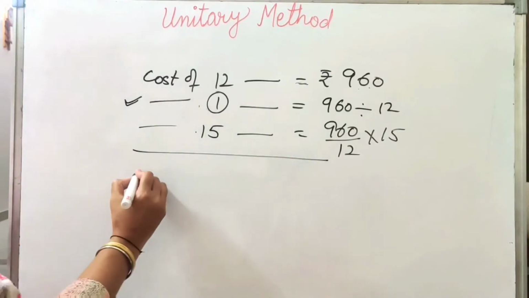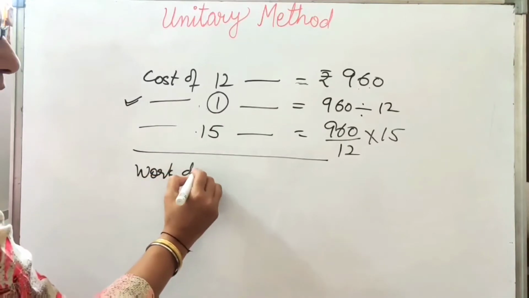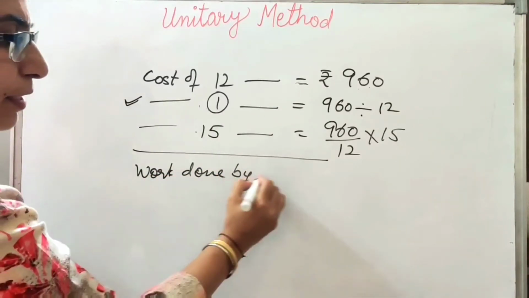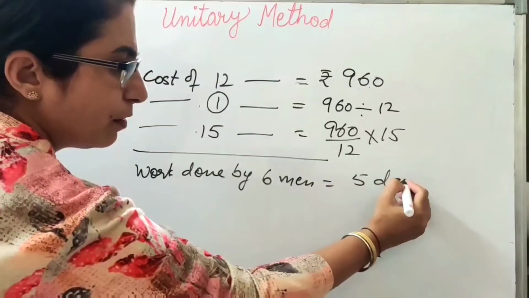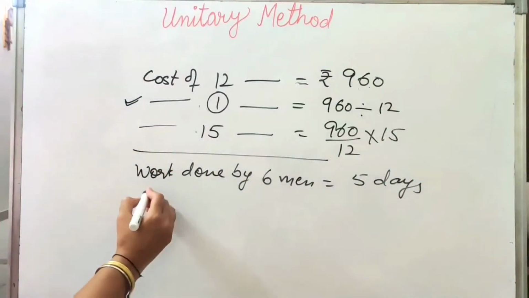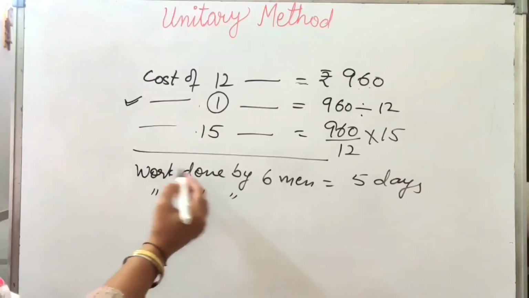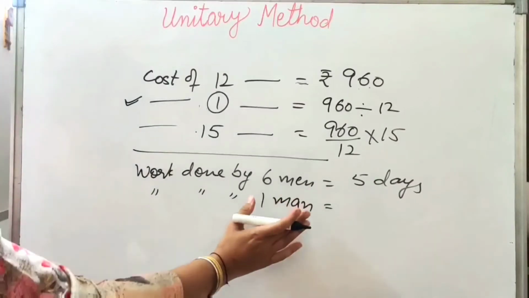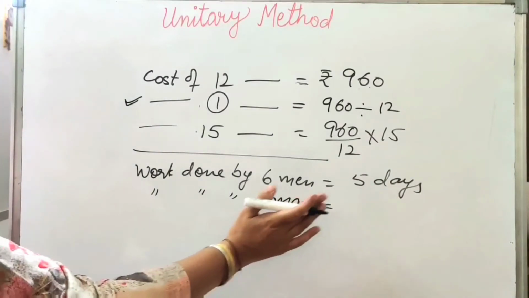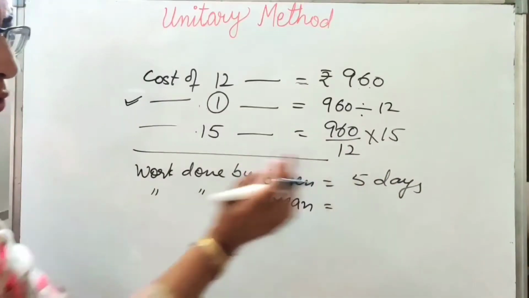Now the second type is when work done is given, for example work done by 6 men in 5 days. When applying the unitary method, the next step is the work done by 1 man. Again wait and think whether the value on the right side will be more or less.